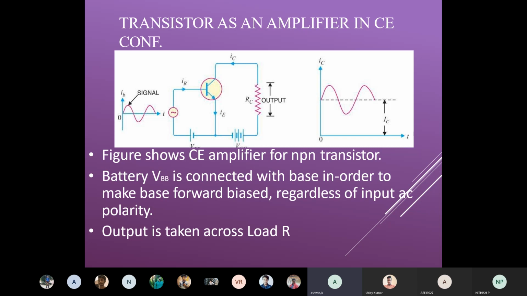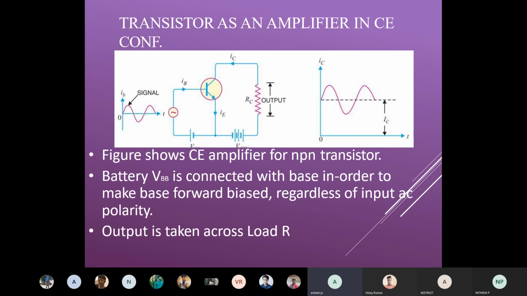How much voltage? Whatever voltage you are giving, 12 volt to the collector to emitter, that much voltage you may have. So the current amplification and voltage amplification both happen here. That's why I prefer the common emitter configuration for maximum applications.